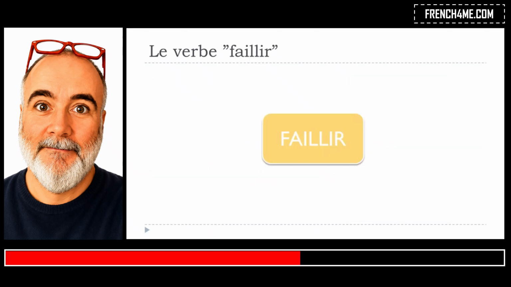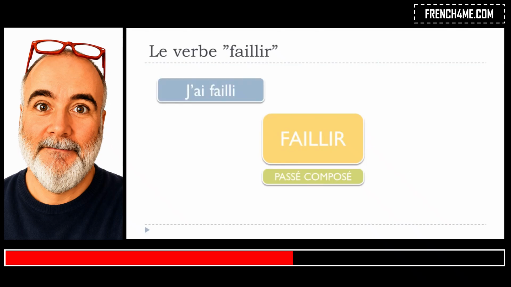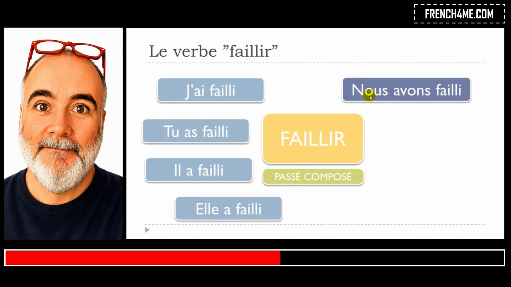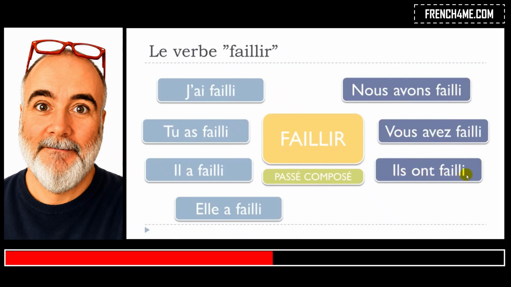And then let's see now faillir at the passé composé form. J'ai failli, tu as failli, il a failli, elle a failli, nous avons failli, vous avez failli, ils ont failli, elles ont failli.